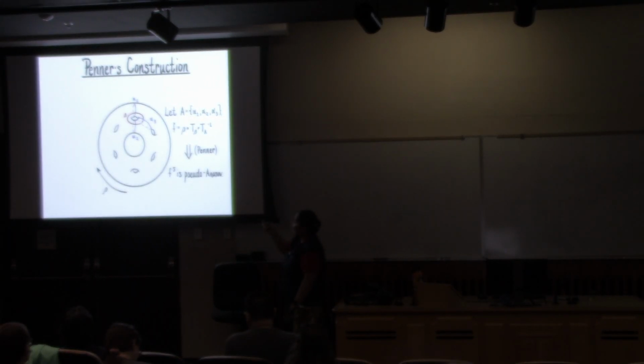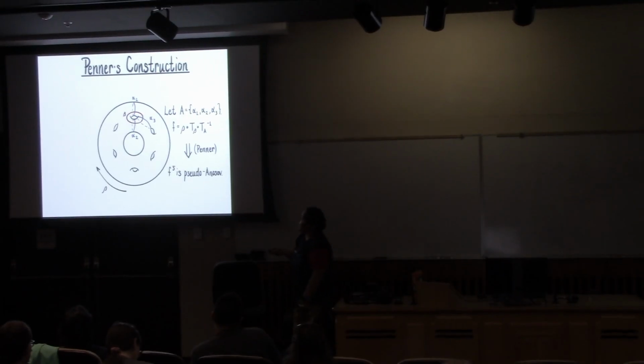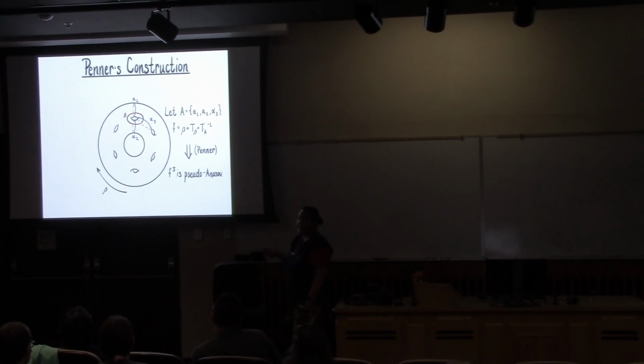And then this T A, I'm going to think of as the product of the twist along alpha 1 with the twist along alpha 2 and the twist along alpha 3, okay? What I've shown here is a construction of Penner for building a lot of examples of pseudo-Anosov homeomorphisms, where I start off with a pair of multicurves that fill some subsurface, and then I compose with a shift.